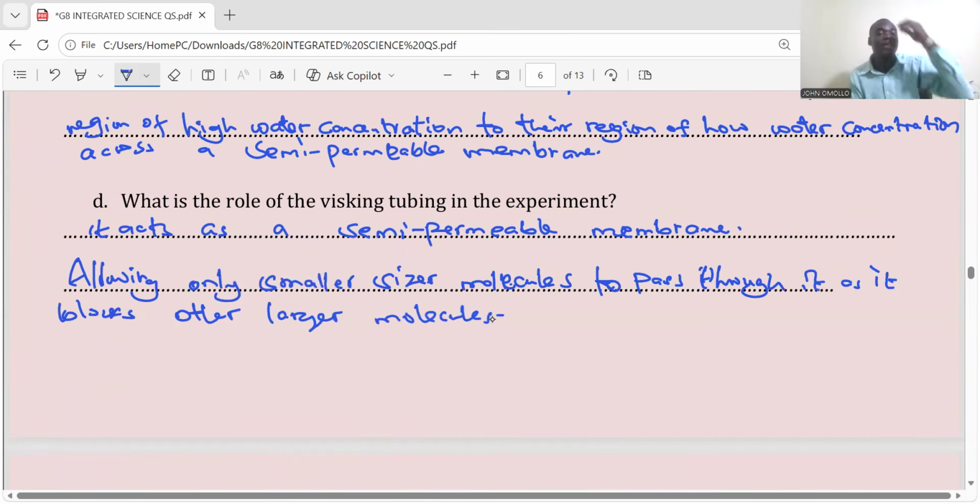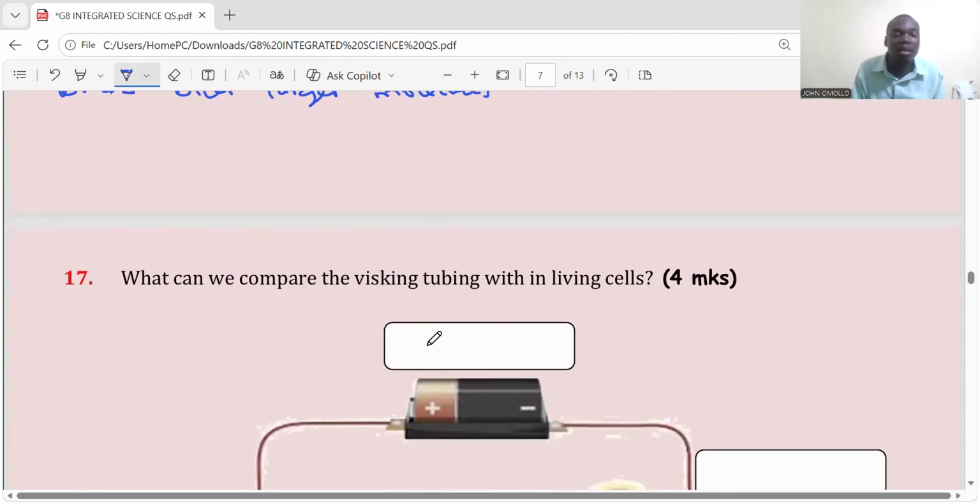So that is the role of visking tubing. If it is 1 mark, semi-permeable membrane. If it is 2 marks, or rather explain, it allows smaller molecules to pass through it as it blocks what? The larger ones. What can we compare the visking tubing with in a living cell?